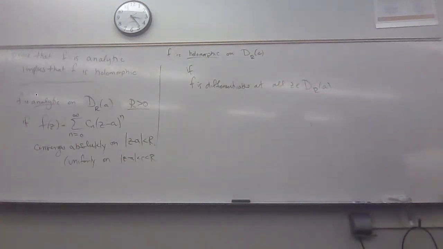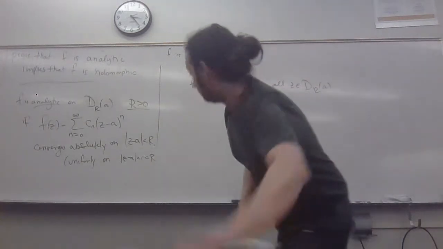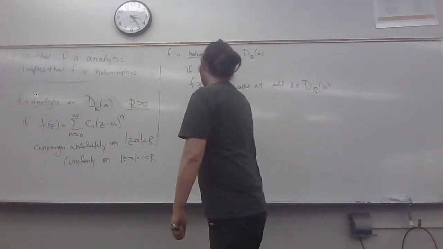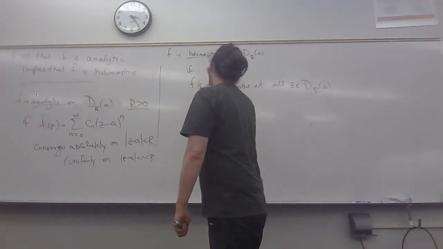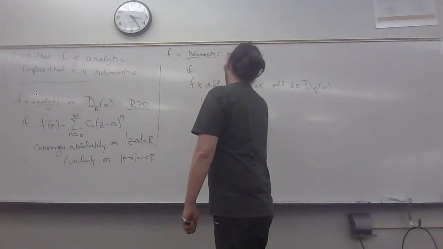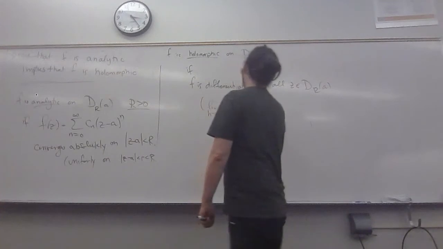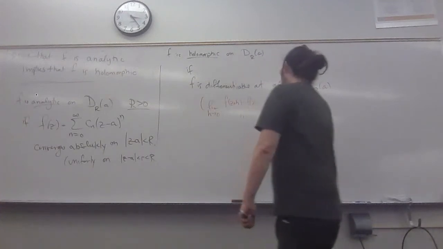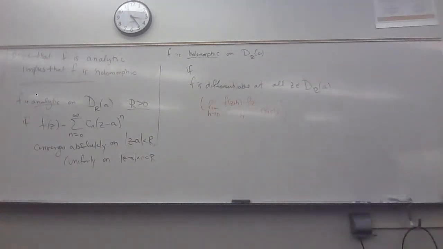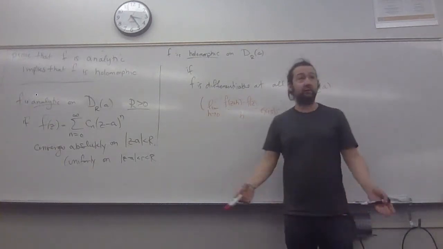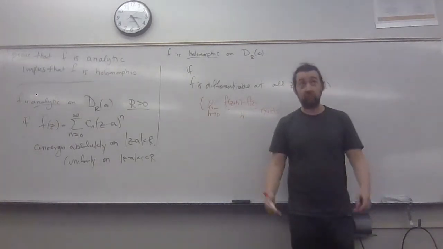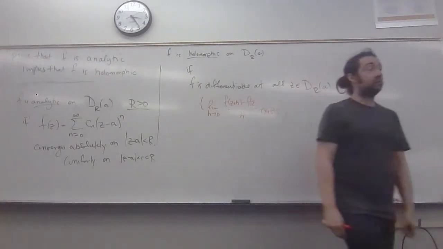And by differentiable, what we mean is that the limit as h goes to 0 of (f(z + h) - f(z))/h exists. Okay? So analytic means you got a convergent power series. Holomorphic means that you're once differentiable. One of the things we're going to pick up in this theorem is that once differentiable implies infinitely differentiable. So the name of the theorem that we're going to prove here, Johnston calls it the infinite differentiability theorem.